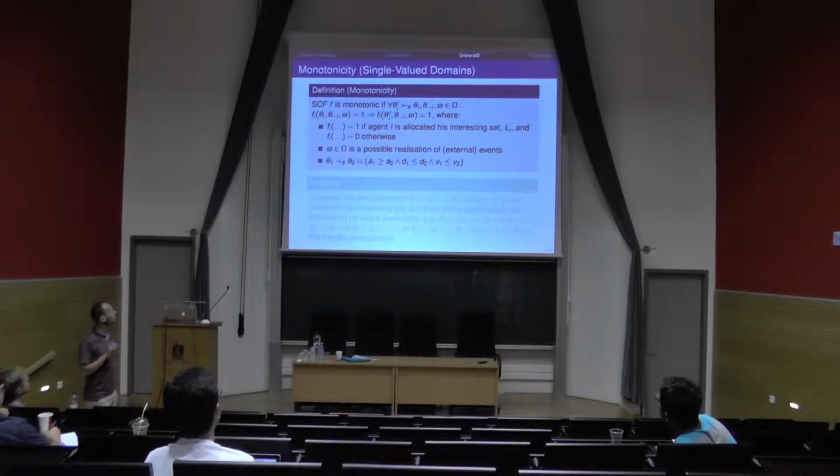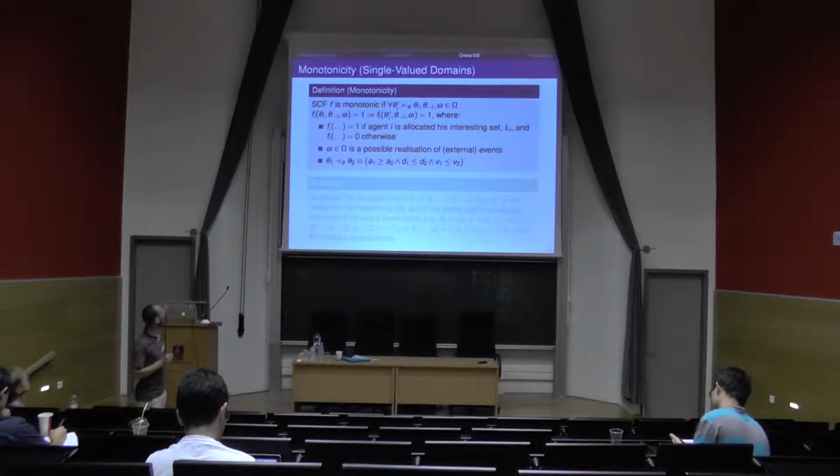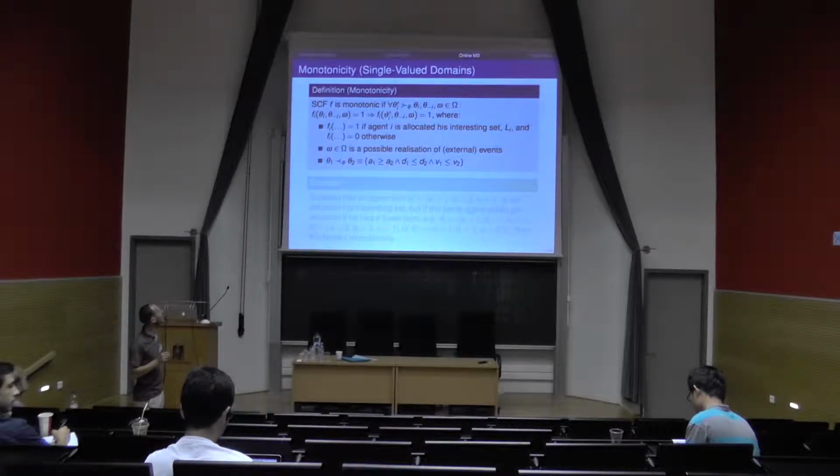More formally, because we're only looking at single value domains, where you're only interested in your interesting set, it means that if you have a certain type where the allocation theta I is in the interesting set, then if the same agent would report a higher type, theta prime I, he should also be allocated.